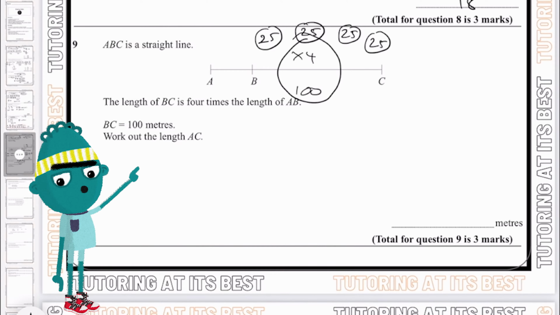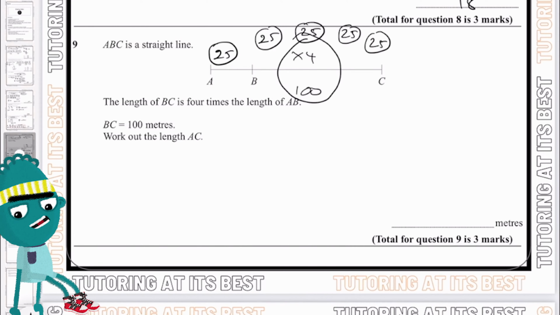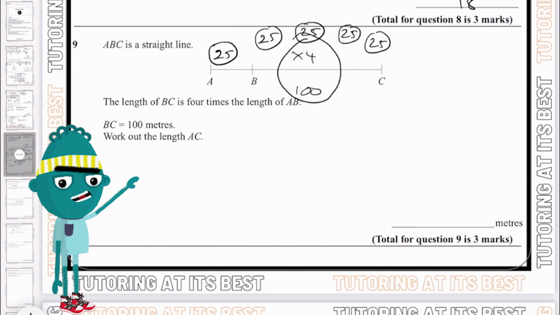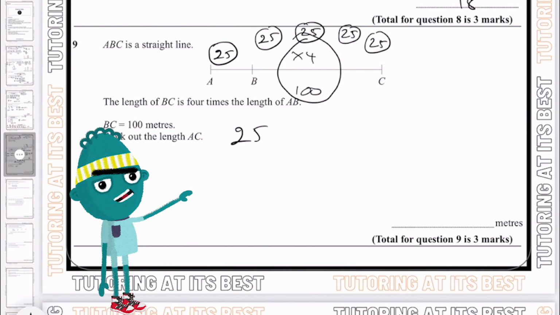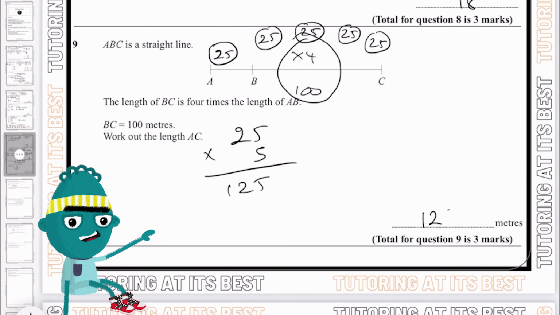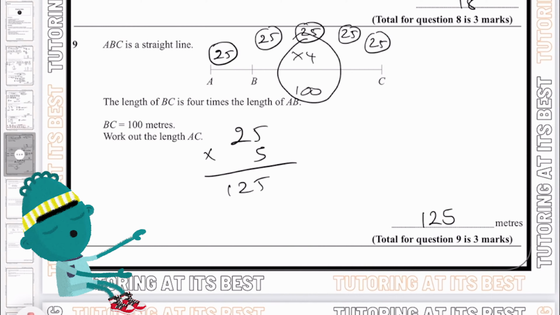So now that means that A to B is 25, because when A to B is 25, then B to C is 4 times the length of A to B. And we know 4 times 25 is 100. So now if we calculate the entire length of A to C, that's 25 multiplied by 5, which gives us 125. So the length of A to C is 125 meters.